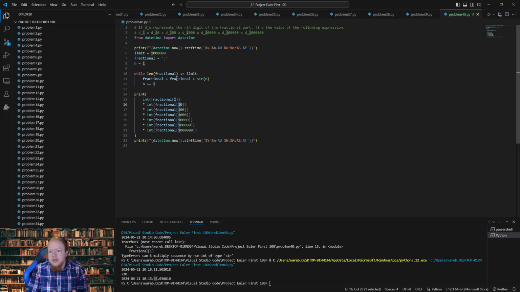We just counted up all the integers until the fractional string was at least 1,000,000 digits long, and then did our multiplication using index referencing for our string and casting back to integers. So that's all there is to it. This one was a really pretty simple one. So let's call it there for today, and I'll catch you in the next.